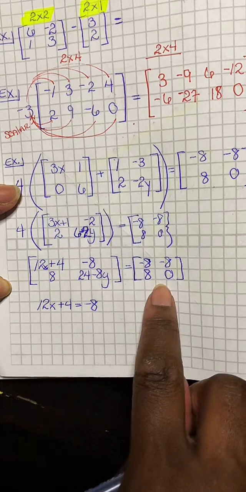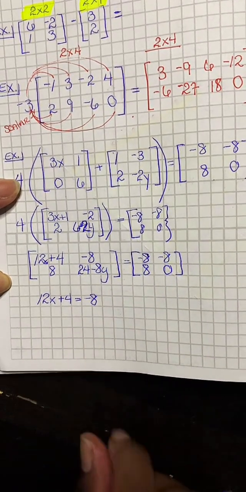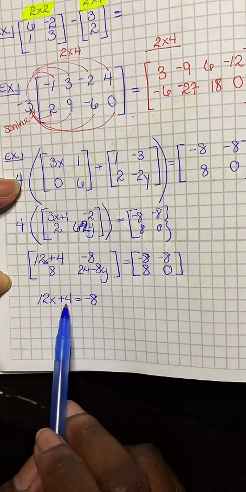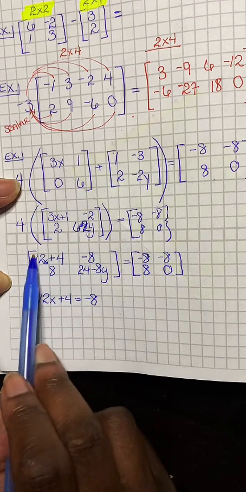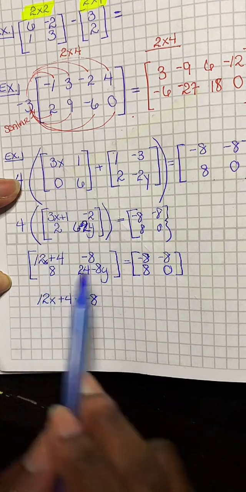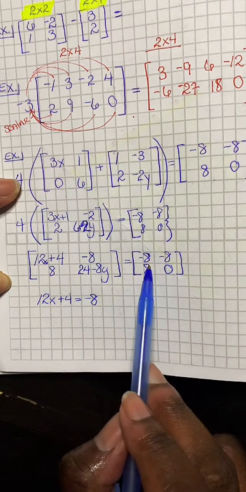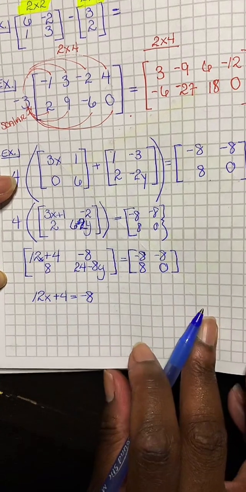So I'm using the matrices to help me find those values of x and y. My 12x plus 4 equals negative 8 because the 12x plus 4 is in the first row, first column, and this negative 8 is also in the first row, first column. So that's going to be one of our equations.